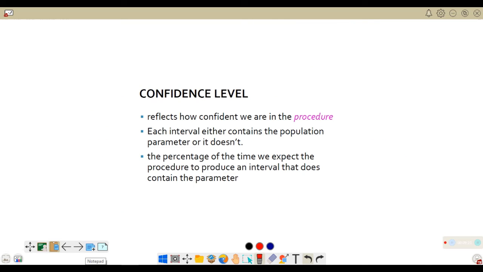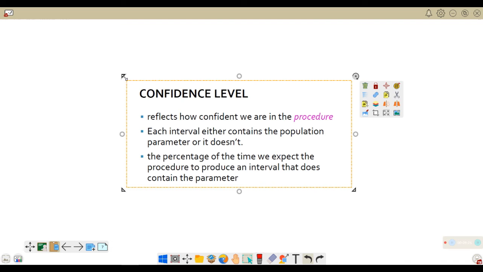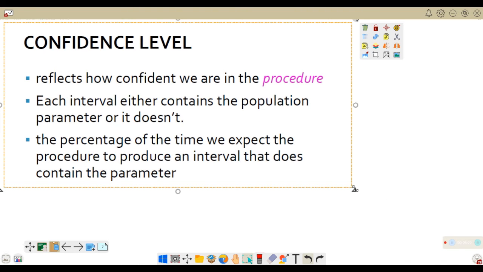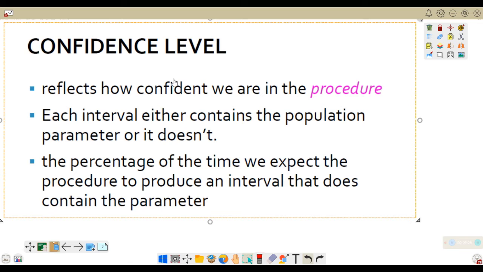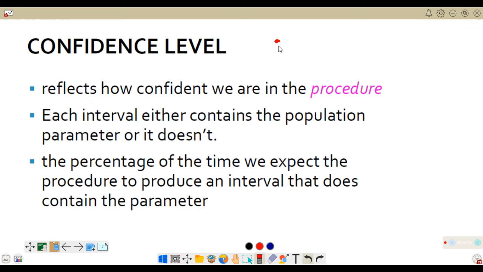Okay. Now, let's talk about confidence level. So, si confidence level, lagi na natin itong gagamitin sa inferential statistics. So, it reflects how confident we are in the procedure. The common confidence levels are 90% given by alpha 0.10, 95% given by alpha 0.05, and 99% given by the alpha 0.01.